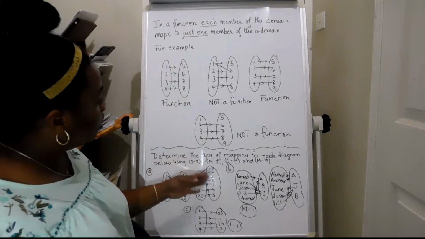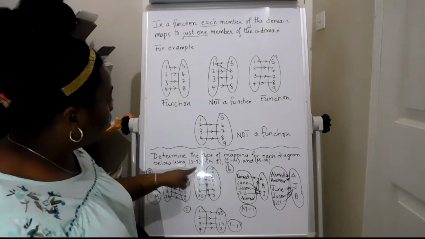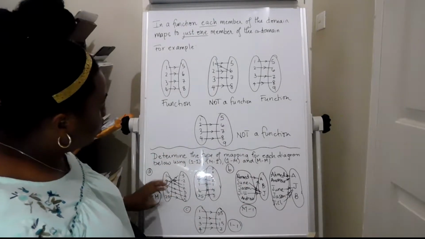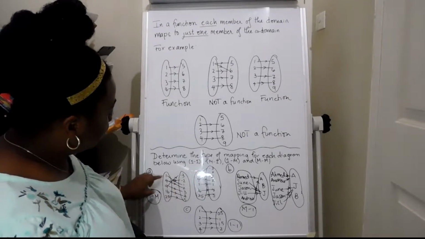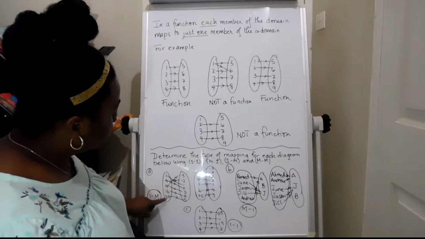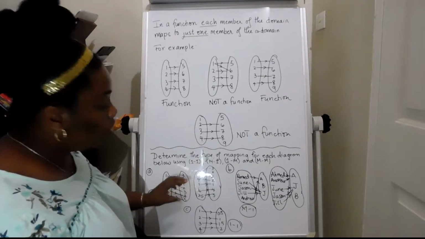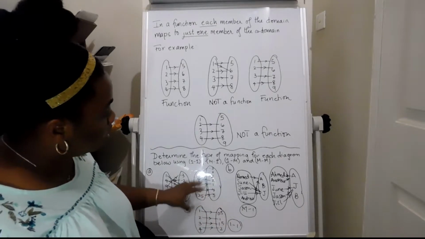So I went ahead and did these. The task is to determine the type of mapping for each diagram below, using one-to-one, many-to-one, one-to-many, and many-to-many. I would have given you an example right here. We have 1, 4, 9, 16, 25. Sometimes when you can't see what is going on, it is best to make it easier for yourself.